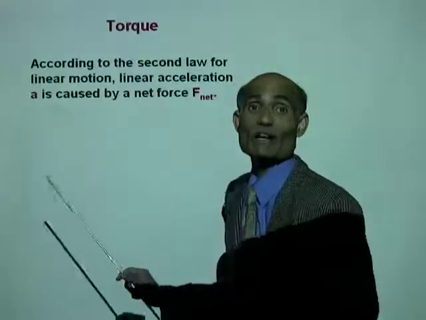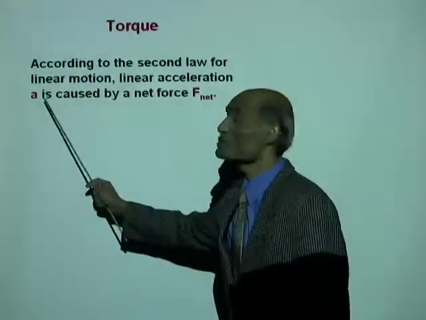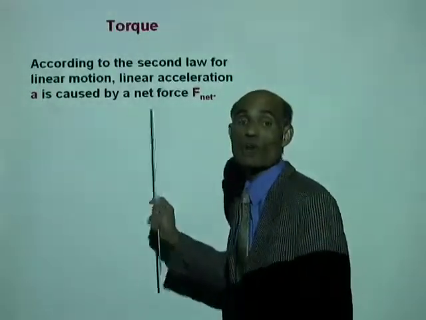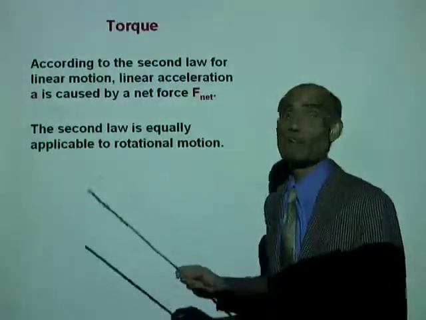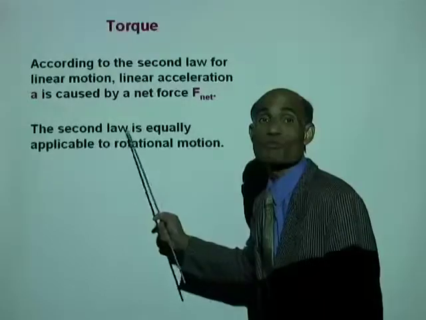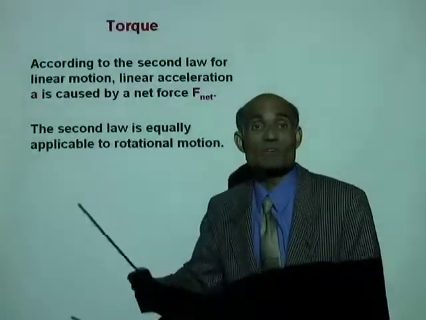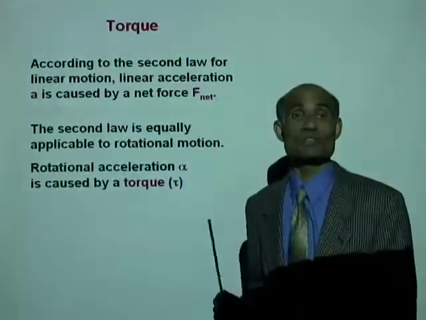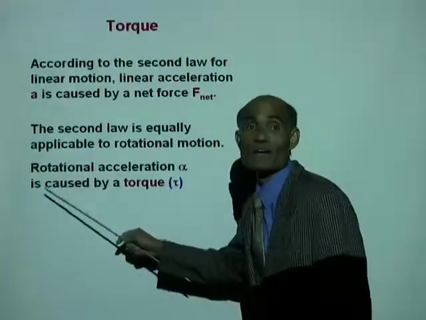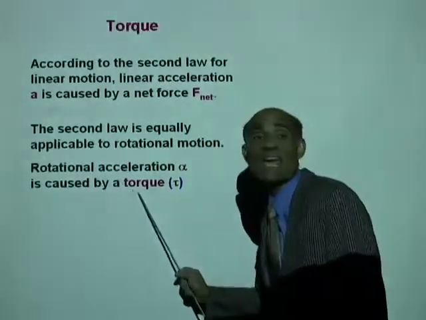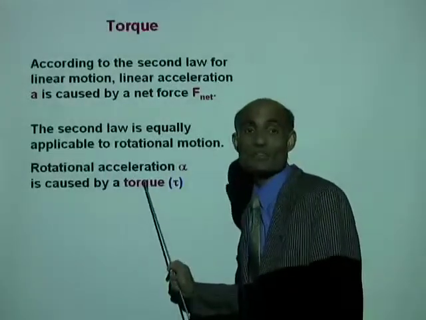As we discussed earlier, a linear acceleration a is caused by a net force F net. The second law of motion is equally applicable to rotational motion. Rotational acceleration alpha is caused by a net torque.